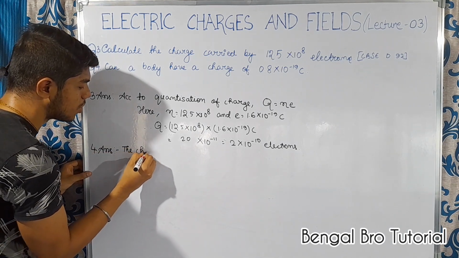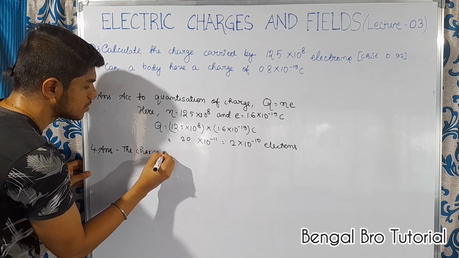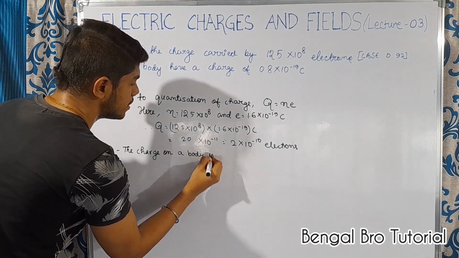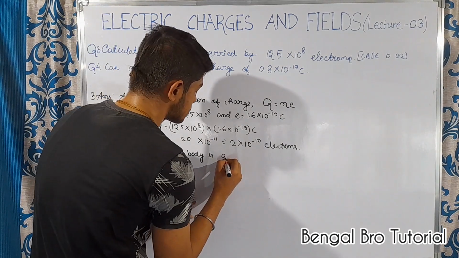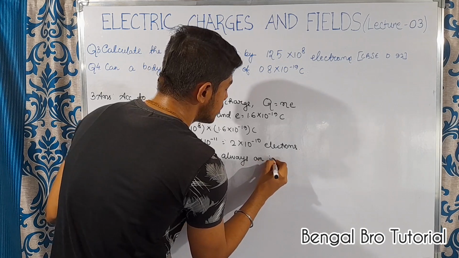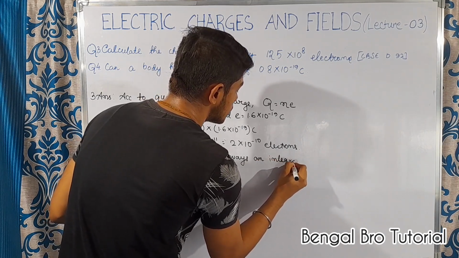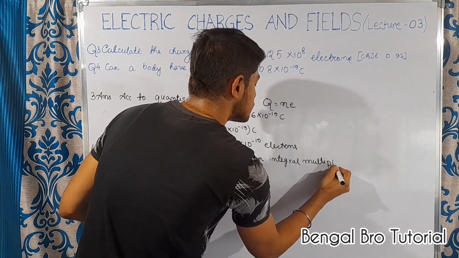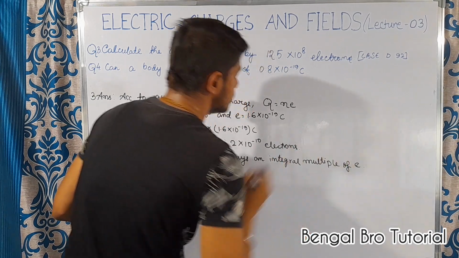The charge on a body is always an integral multiple of e.